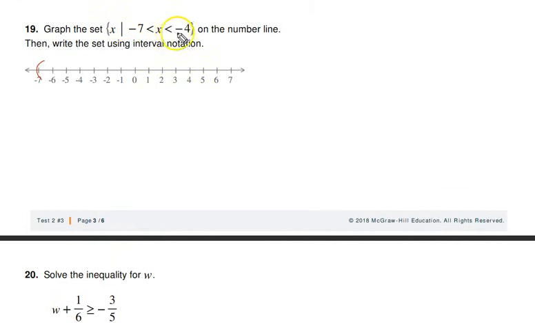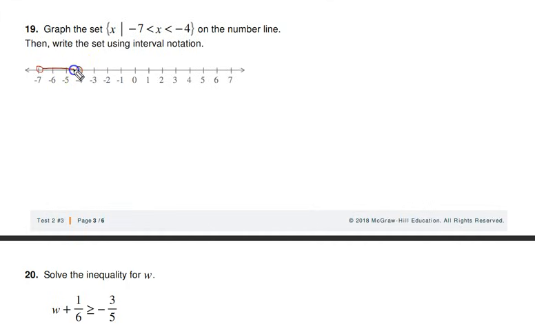And it's less than -4. So a parenthesis there, and we fill that in. Now, I believe in your case, they'll want you to use the hollows, which you are allowed to put in there.